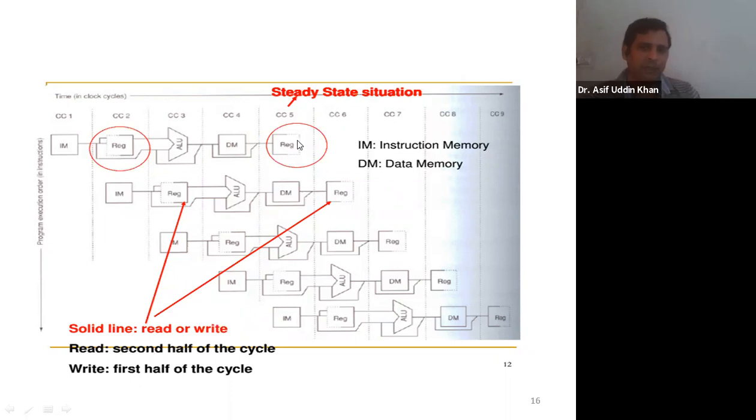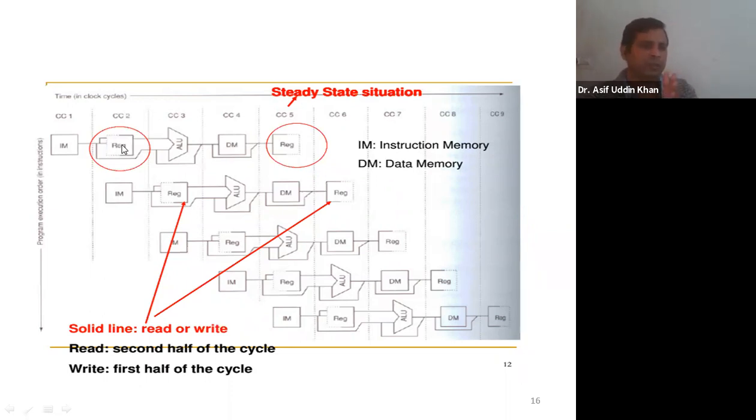I told you that in the ID stage two things happen in one clock cycle: the instruction is decoded, and then the register read operation is done.